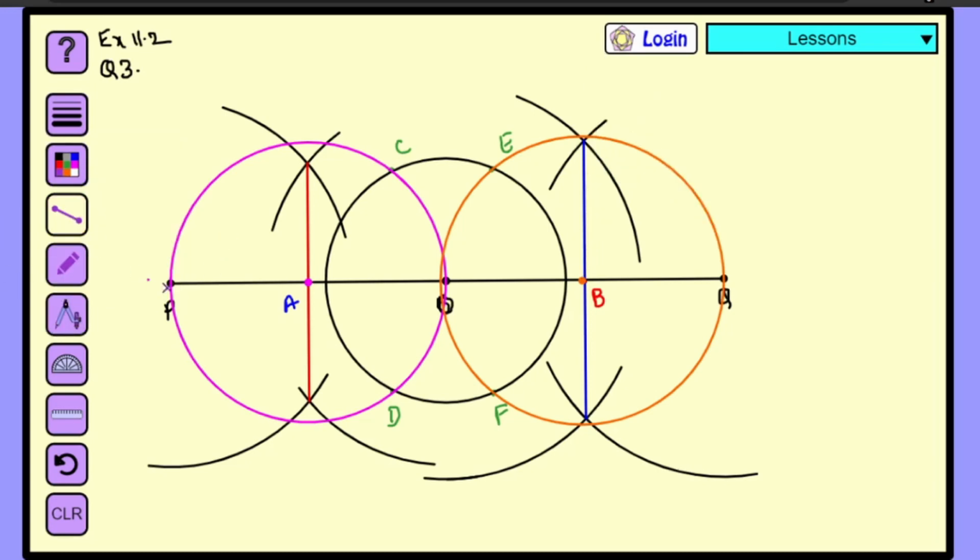Now from this external point P, I'm drawing the line segments PC and PD.